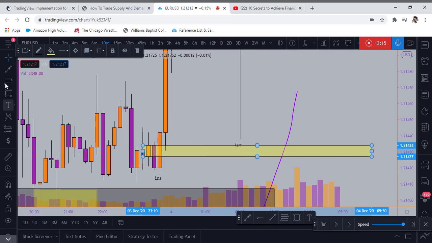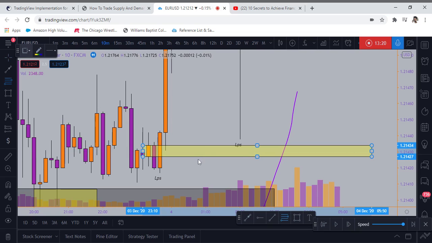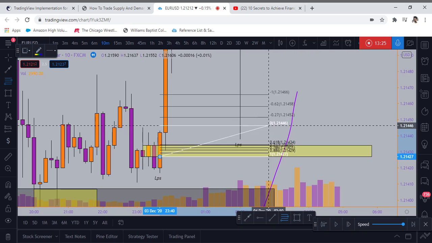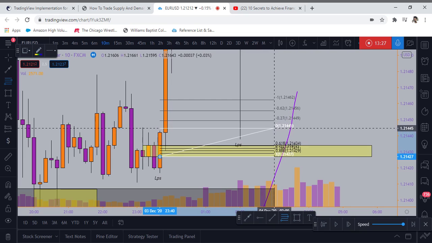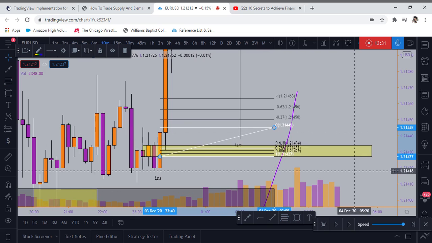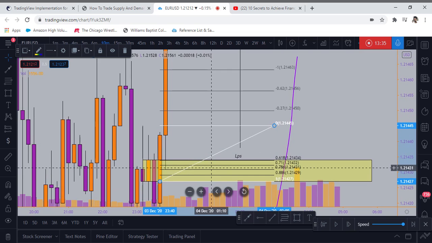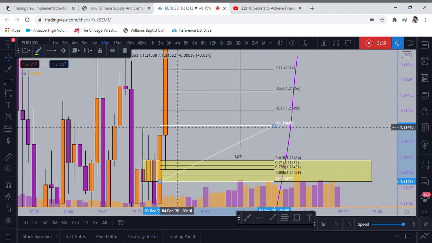Let me see what part of the field that is. Price went exactly to the 78% of my field, and then just took off.